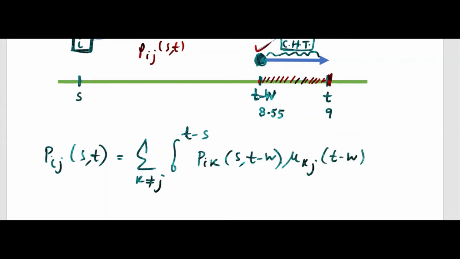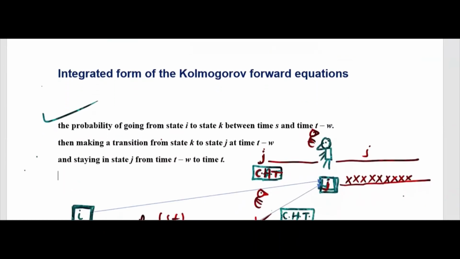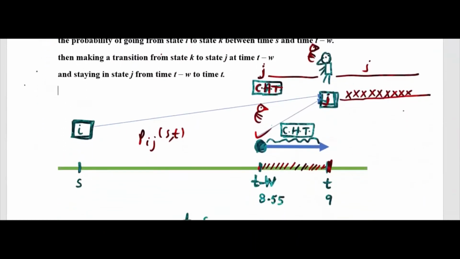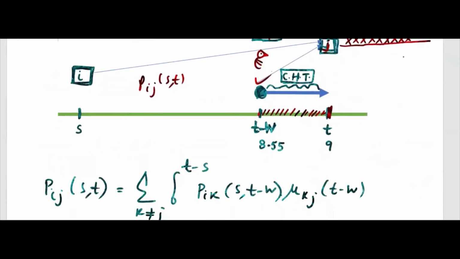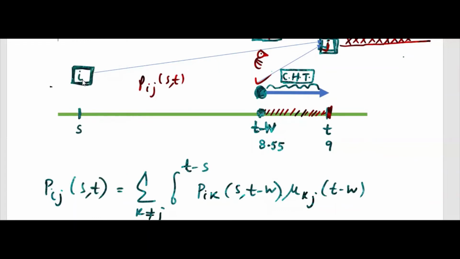See, the time also has to be written here. This is the time, T minus W. There we wrote S plus W because this was our subject when a transition will happen. But here the transition will happen to J state, not leaving I. Here leaving I, here coming to J. They are different.